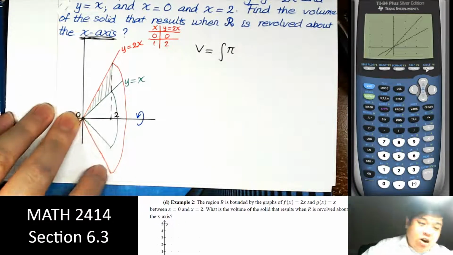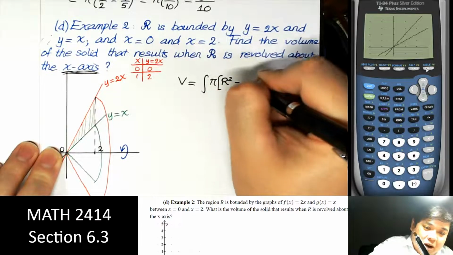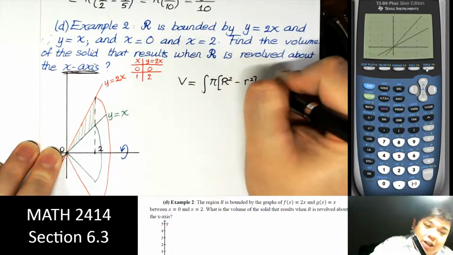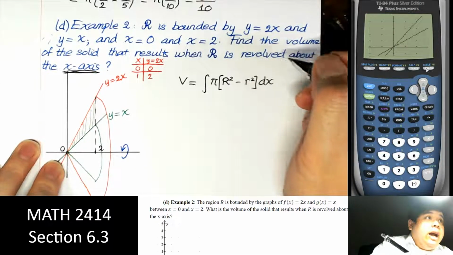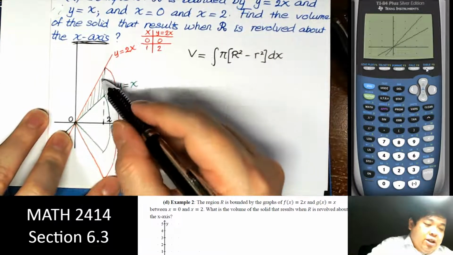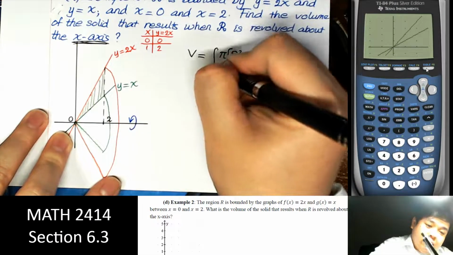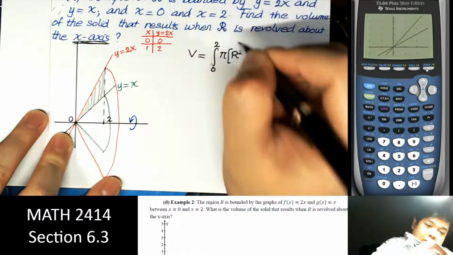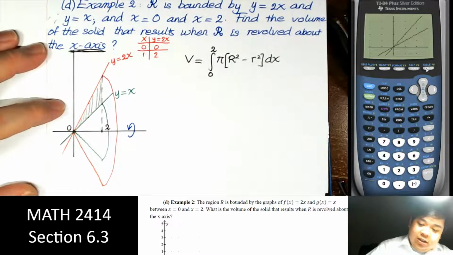Because there is the hollow region, it's going to be big R squared minus little r squared, and we use dx. The limit for x, obviously, goes from 0 to 2.